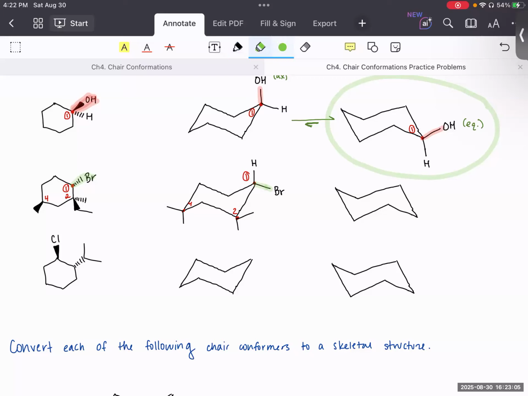In this one, we can see that the methyl group is dashed and the ethyl group is wedged. Since the methyl is dashed, we want it to be pointed down, so going down, we would have this methyl group right here. The one pointed up would be that ethyl group in the equatorial position.